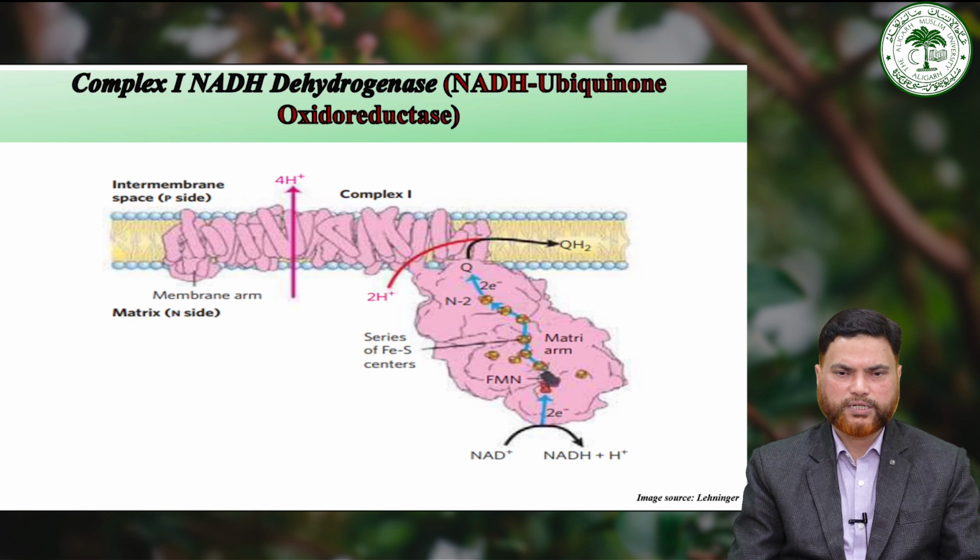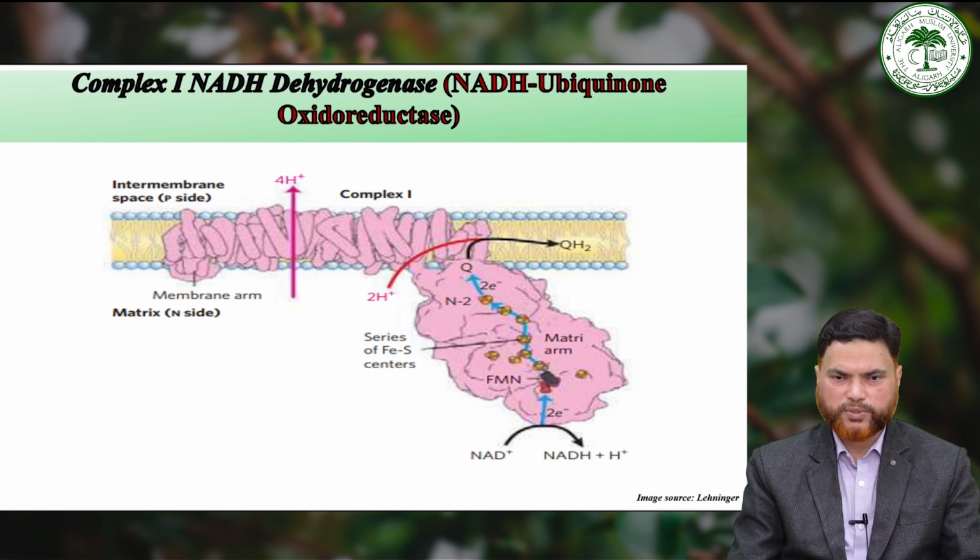Now, this complex also catalyzes the transfer of one hydride ion from NADH and one proton from the matrix to ubiquinone, and it also helps in coupling with proton pumping. Generally, the transport of 2 electrons to ubiquinone by complex 1 is coupled with the transport of 4 protons across the membrane.